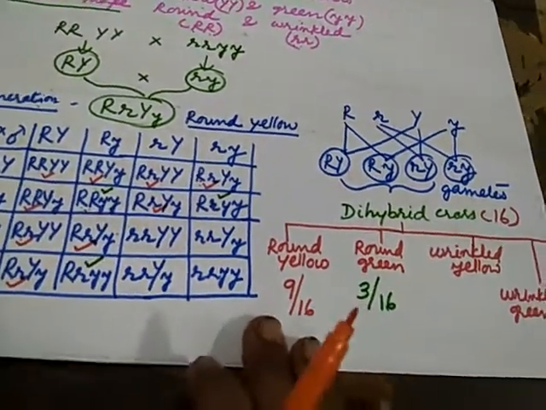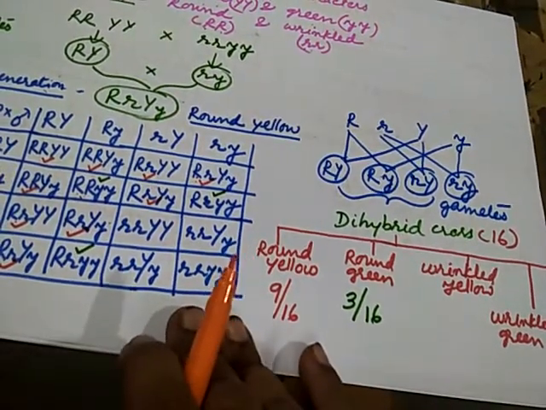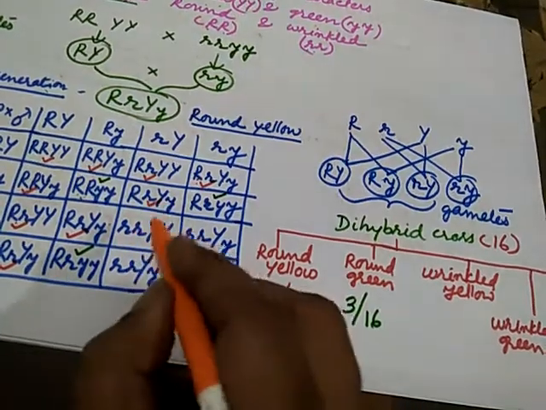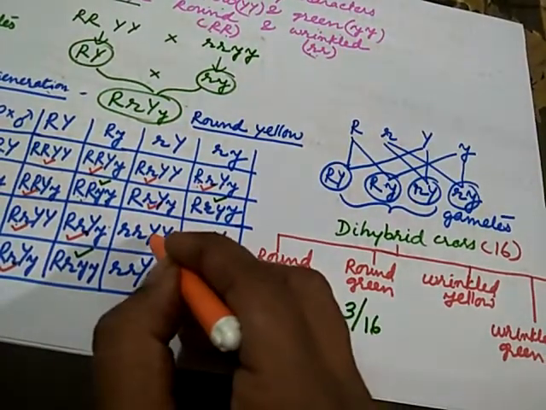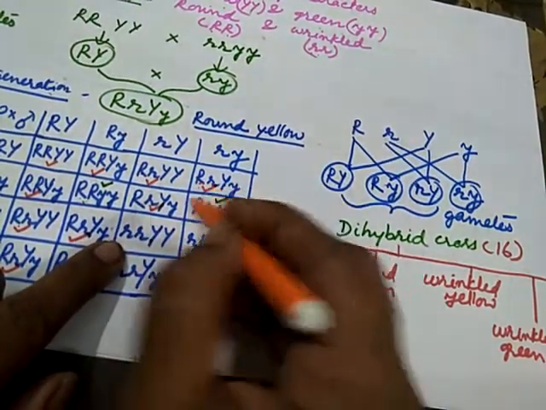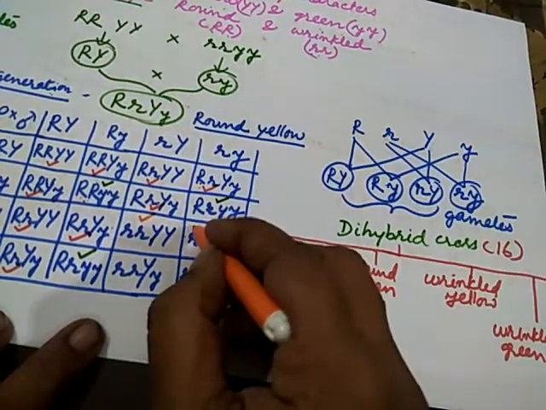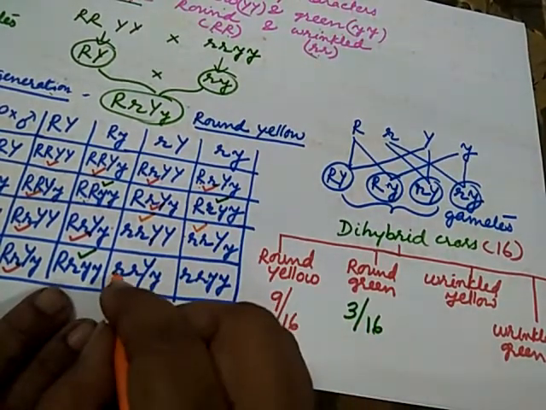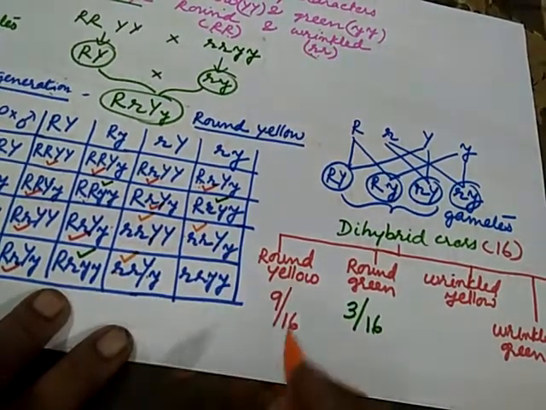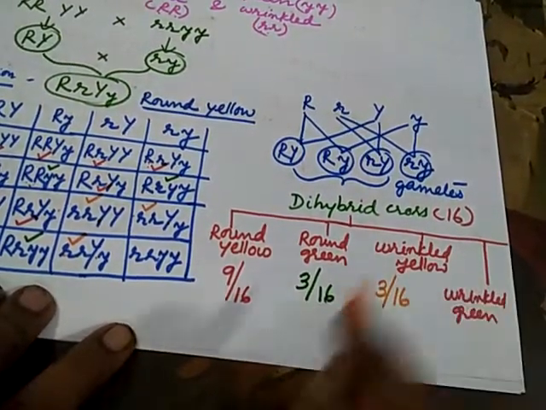Now the third case is wrinkled and yellow. This is wrinkled and yellow 1, then wrinkled and yellow 1, wrinkled and yellow 1. I have used orange color here, 3 out of 16.